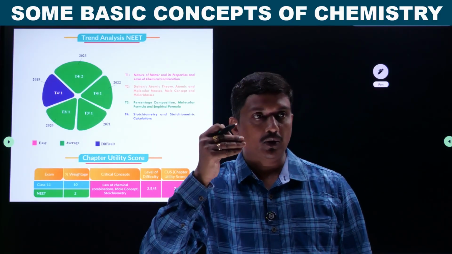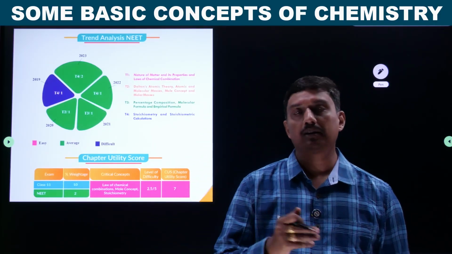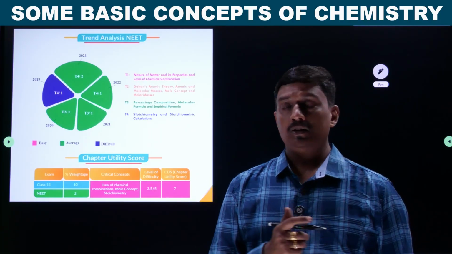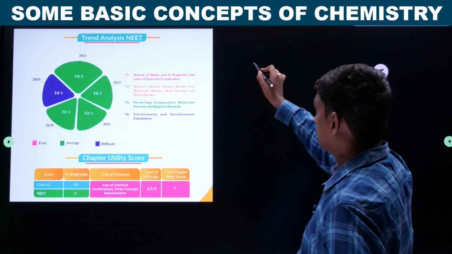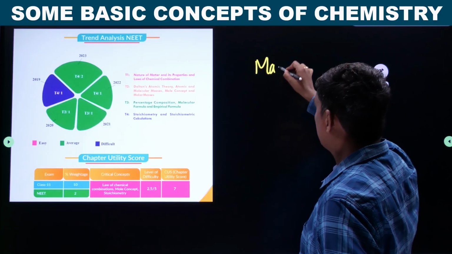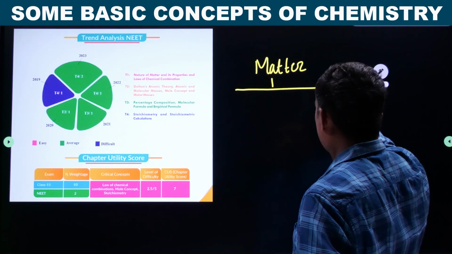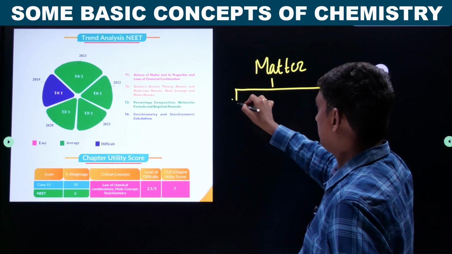See, if you look into the overall chapter segregation, it starts with matter. So classification, first one is matter, then its classification.